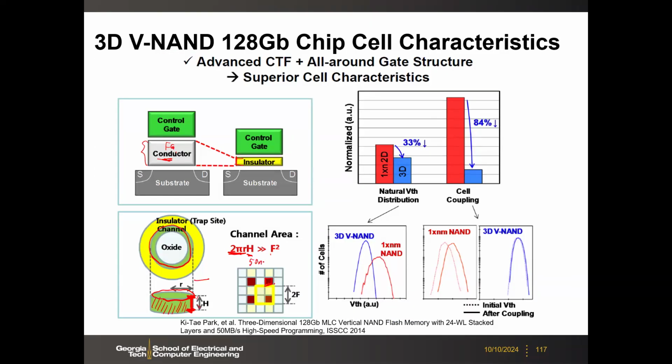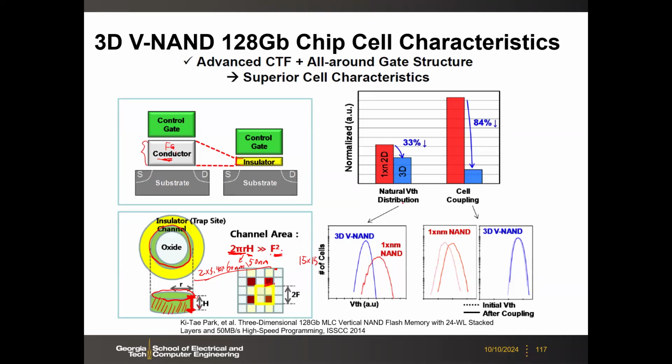This can be 50 nanometer, and this r could be another 60 nanometer. And 2 pi, you know what is that? This one is much larger than your 2D if it's 15 times 15 nanometer, right? So here you have much larger area. You can store much more number of electrons.